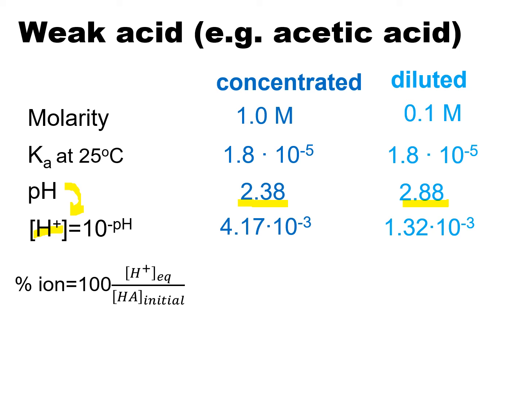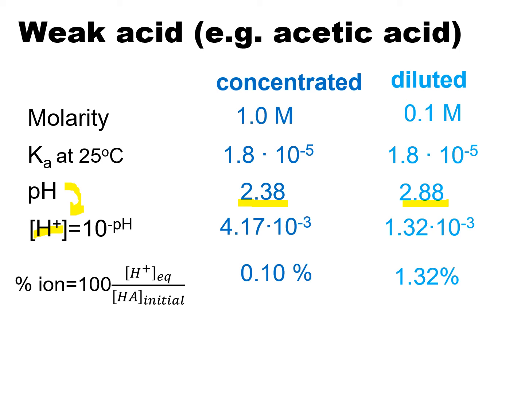So despite the fact that it is 10 times more concentrated, the concentration of the H plus is only 3 times higher. That's because it's a weak acid. So the percent ionization is going to be, if you take the value of the concentration of the H plus and you calculate what percentage this is out of the molarity, in this case it is 0.1%, in this case it is 1.32%.